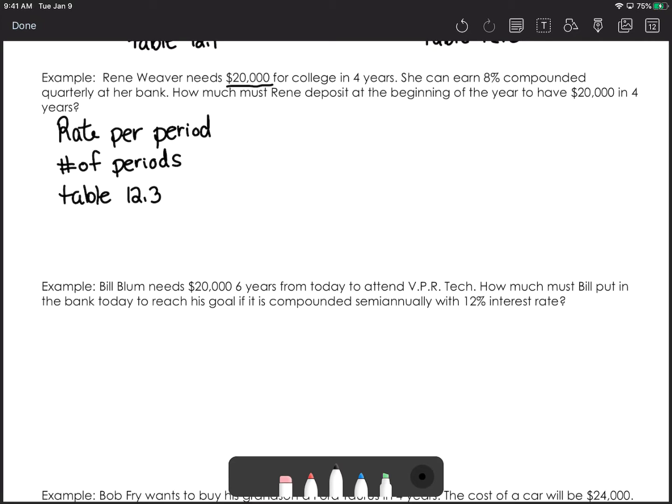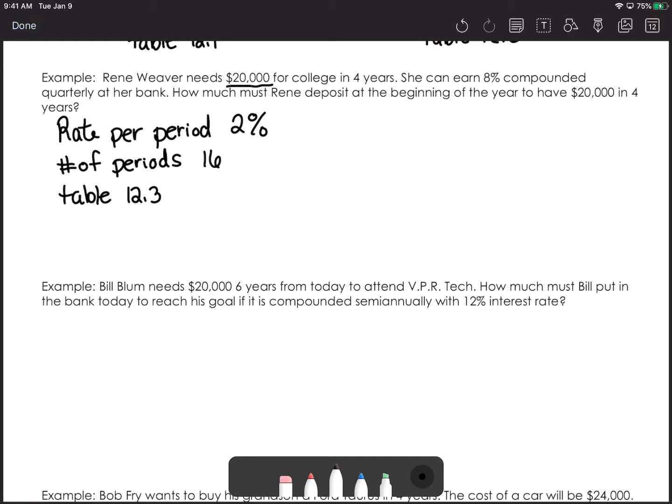Okay, so the rate per period, if we look at what it is annually, it says 8%, but it's split up over 4 periods in a year. So we're going to take 8 divided by 4, so the rate per period is going to be 2%. The number of periods, if it's 4 times a year for 4 years, that means it's going to be 16 periods.